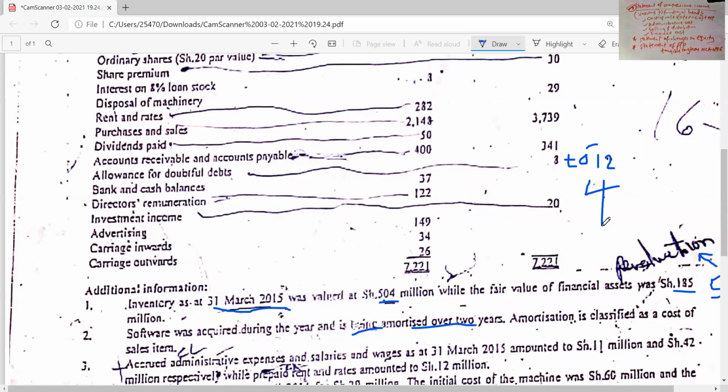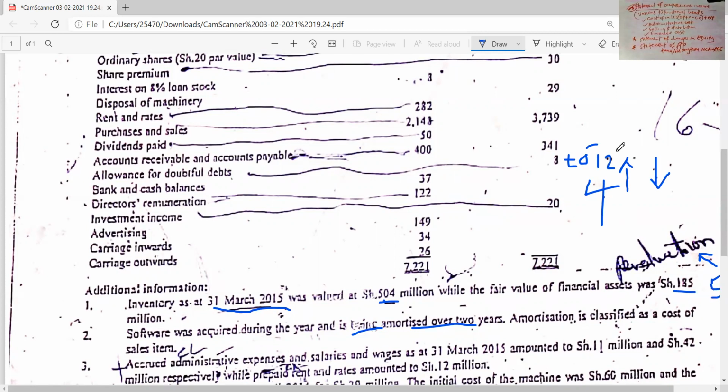The increase is an expense. A decrease is an income. So you consider that in the income statement.